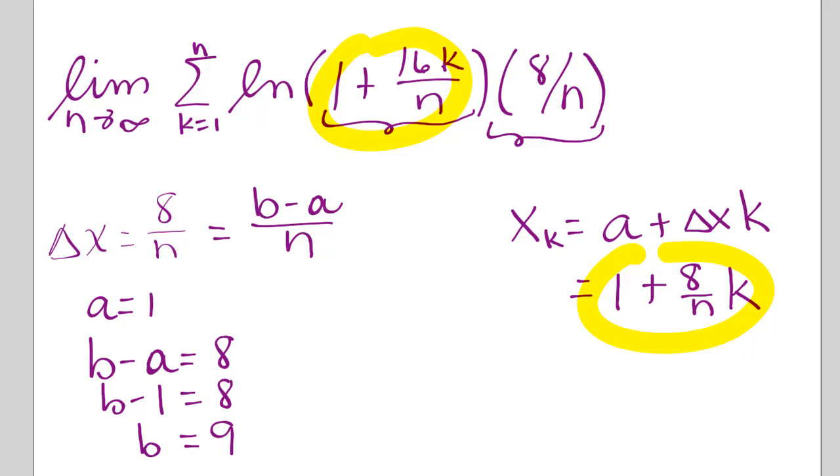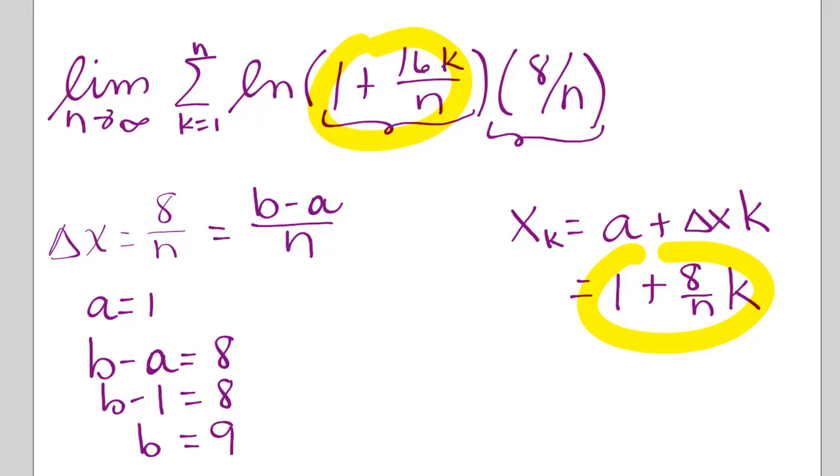We've got to figure out how that's going to happen. When I look at these two things that we have highlighted in yellow, the main difference is that for one of them, we've got 8 over n k, and whatever's done to that, it needs to come out to be 16k over n. So basically, what I'm recognizing is that we need to double this 8 over n k. So let's say we do that.